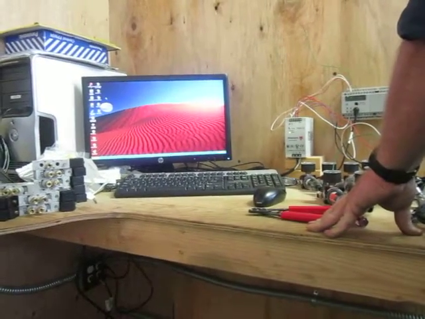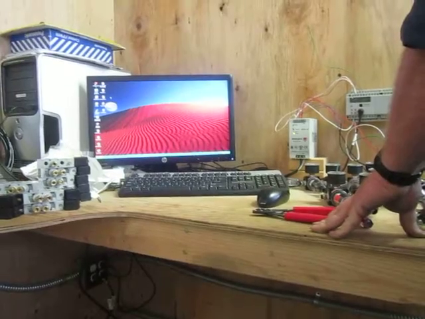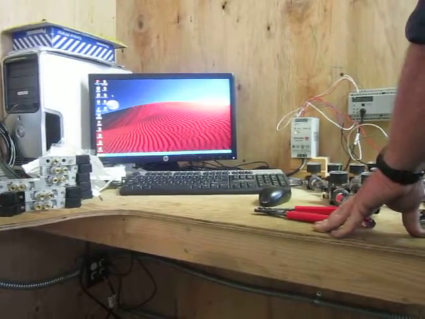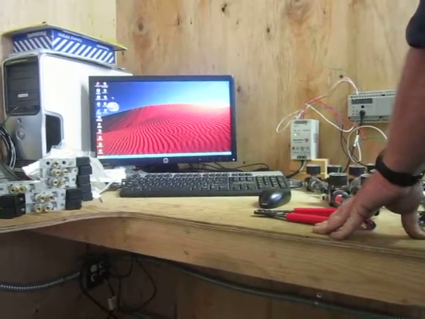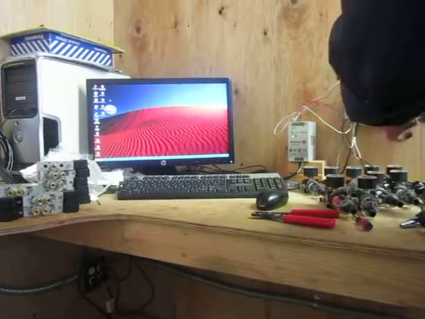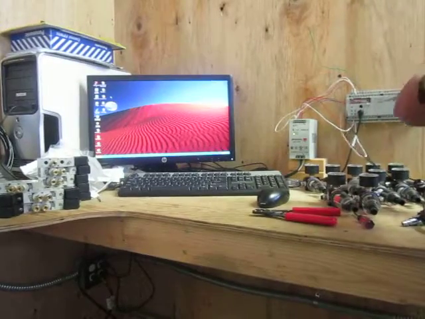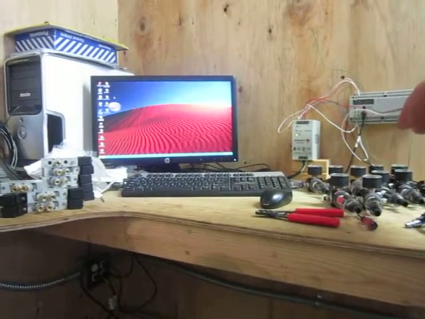So what I got is 3 common bars: positive, negative, common, ground. I'm going to wire everything to these, and then you can draw your juice. If you look, this is actually the DIMM plug for the actuator.